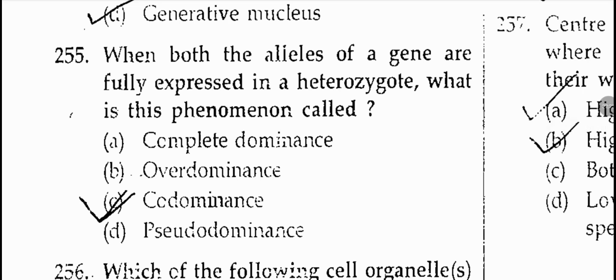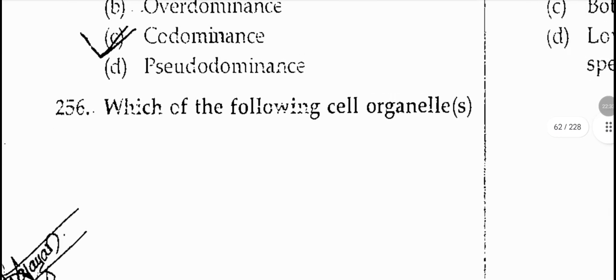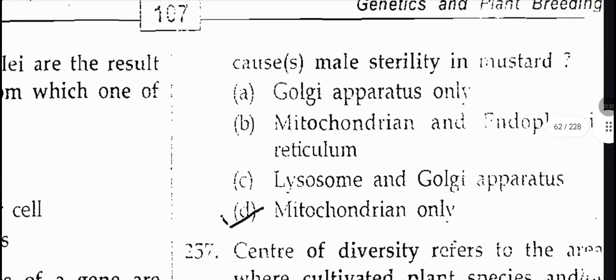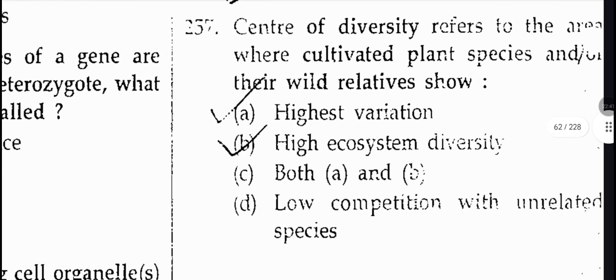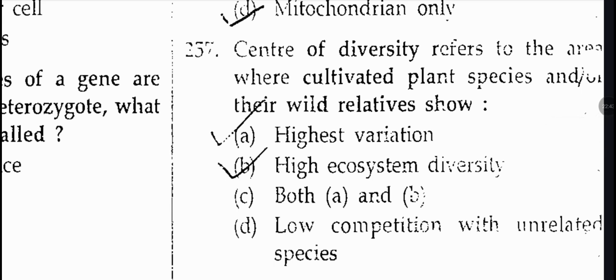When both the alleles of a gene are fully expressed in the heterozygote, what is this phenomenon called? It is called codominance. Question number 256. Which of the following cell organelles causes the male sterility in mustard? That is mitochondrion only.